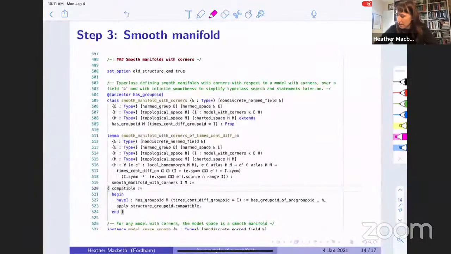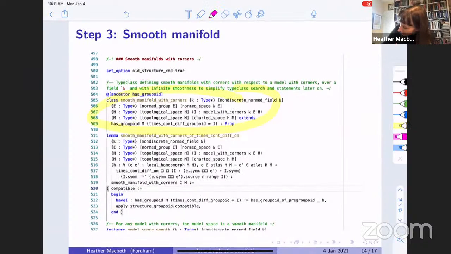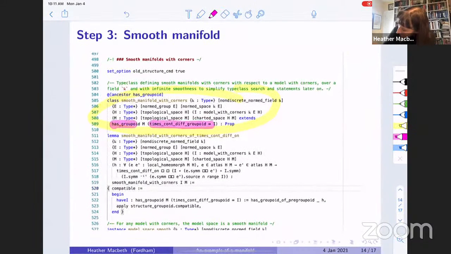Of course, that's the informal way of stating it. We have in Lean, again written by Sebastien, the formal definition of a smooth manifold with corners, which involves a bunch of things I'm not going to explain, a groupoid, and the times cont diff groupoid, and the model with corners, and so on and so forth.